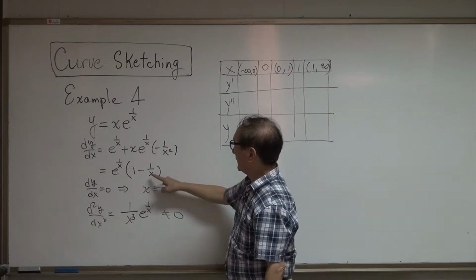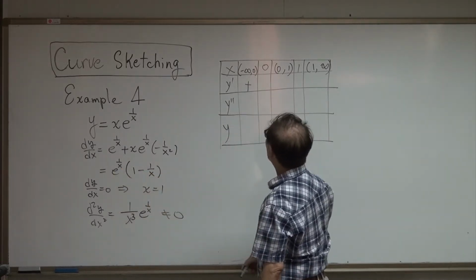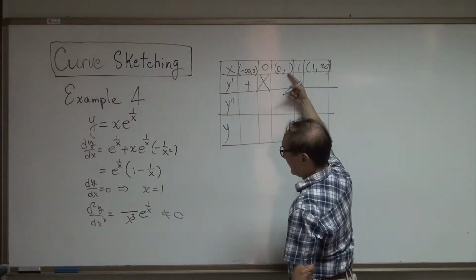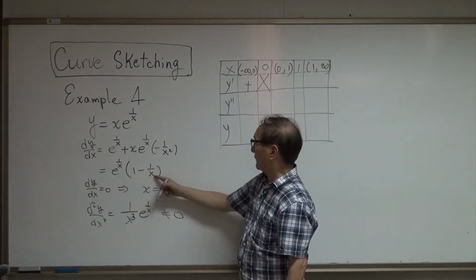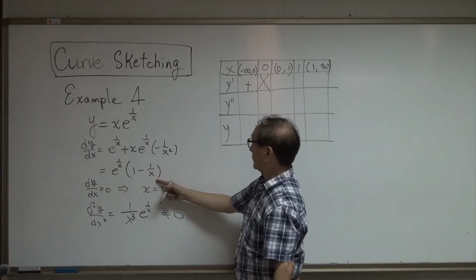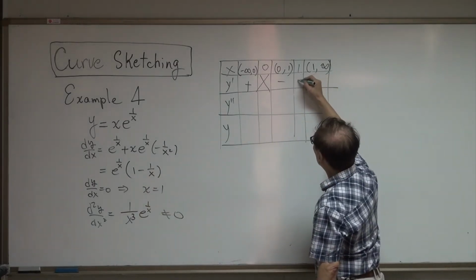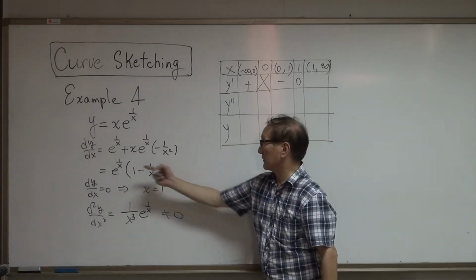That's correct. And this is always positive, therefore it's positive. At 0, it's not defined. Here, I'm choosing, say, half. It's 1 minus 1 over half, which is 2, right? So it's negative. At 1 it's 0. This one I choose a million. A million makes 1 over x almost 0, therefore positive.